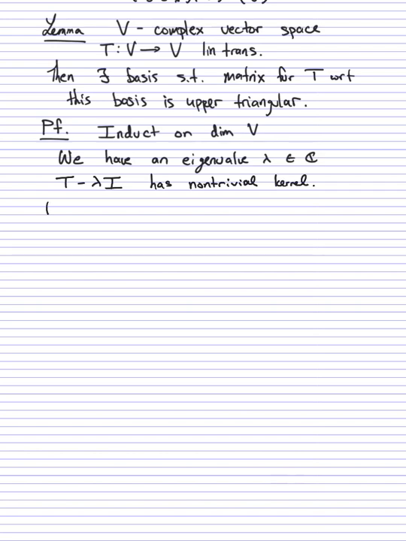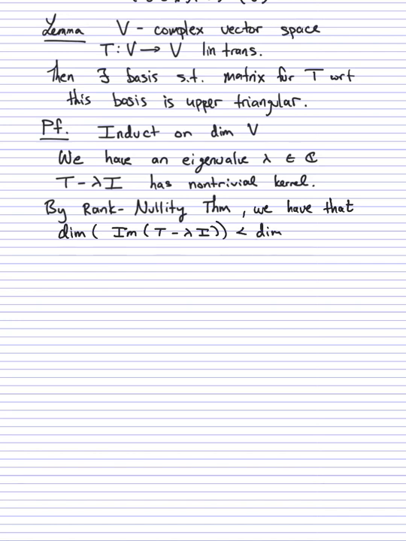So by the rank-nullity theorem, since this has a non-trivial kernel, the dimension of the image of T minus lambda I is less than the dimension of V. So we have V and this linear transformation, and if we look at T minus lambda I, we get a subspace of smaller dimension. I'm just going to call this U.